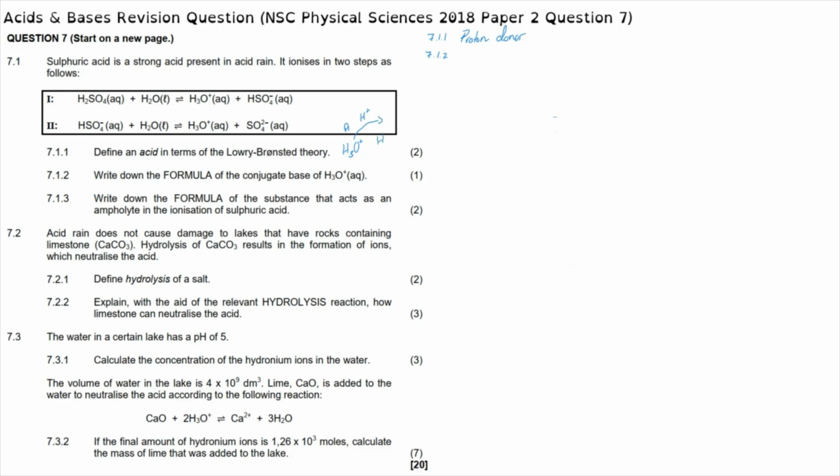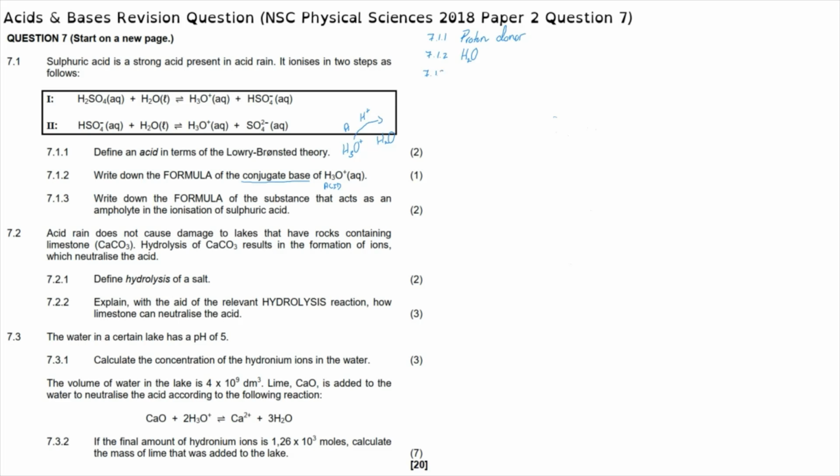And H3O+, when it has lost the proton, becomes H2O. So by them asking us for a conjugate base, they are telling us that this substance is an acid. And so we find the conjugate base by donating or giving away a proton.